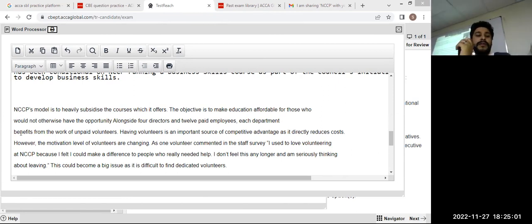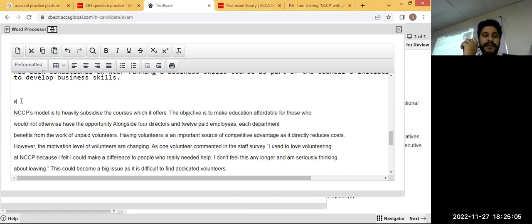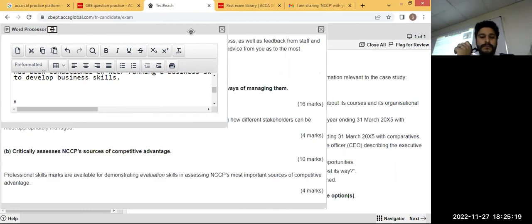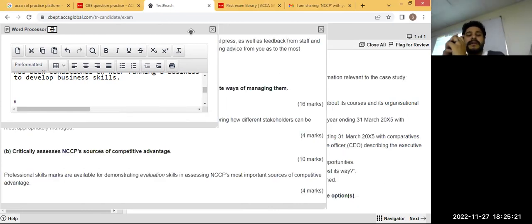Okay, so I'm going through the answer of part B. Let me show you the requirement of part B once again: critically assess the NCCP sources of competitive advantage. You are being awarded the marks on your evaluation skills.